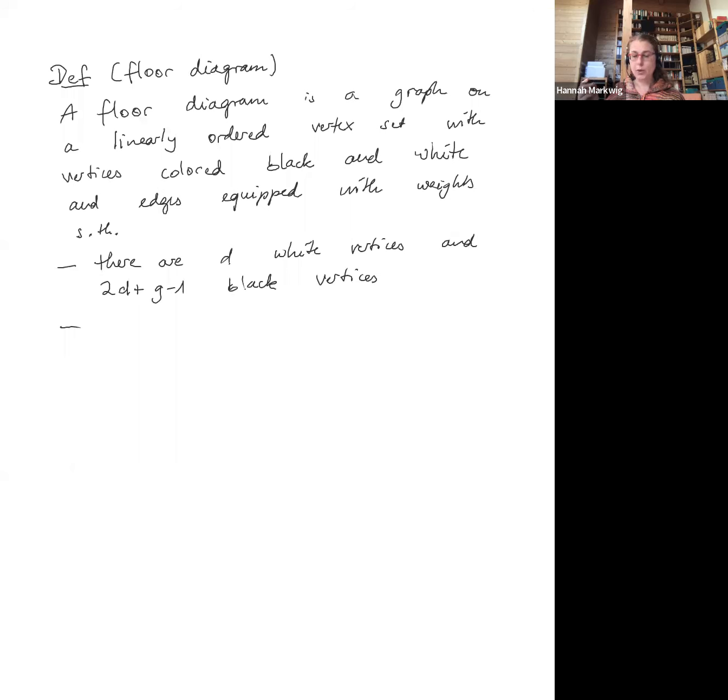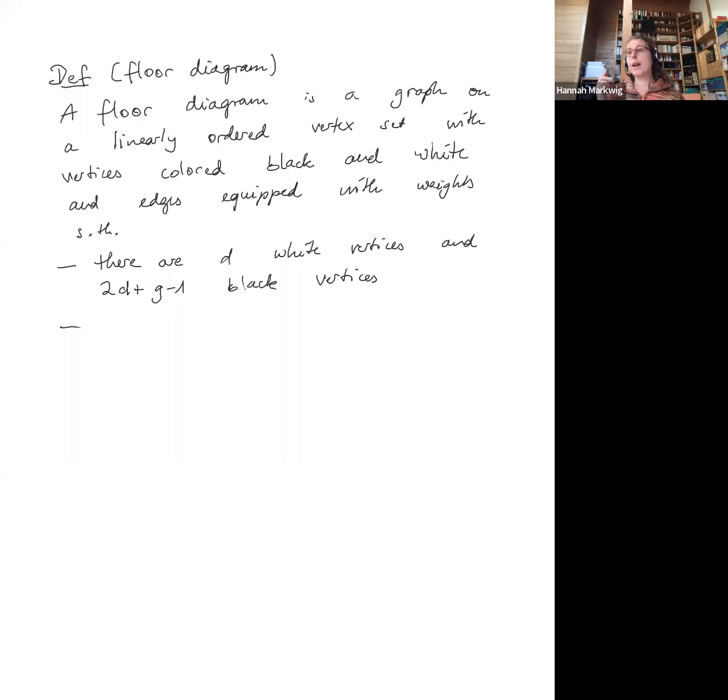For example, we have this graph on a linearly ordered vertex set because this is just the horizontal order of the point conditions. We want black and white vertices because we have floor points and elevator points. The edges have to be equipped with weights because the elevator edges, the horizontal edges of our tropical curves, can have weights, as we saw in the previous example.